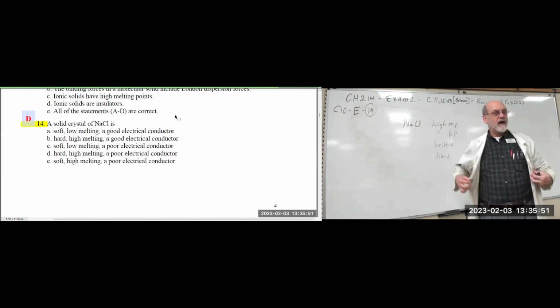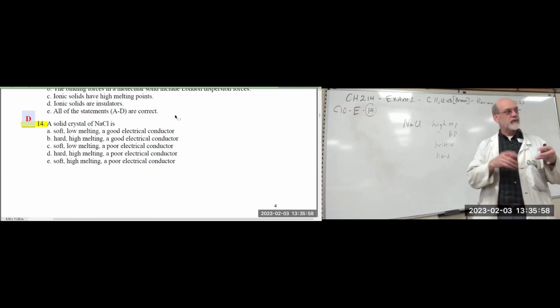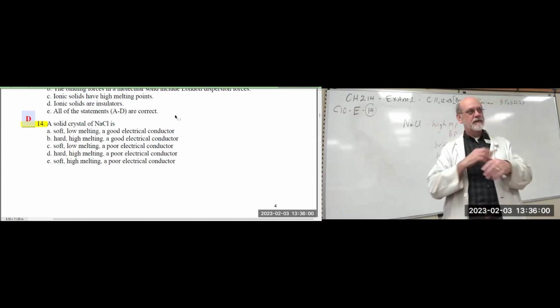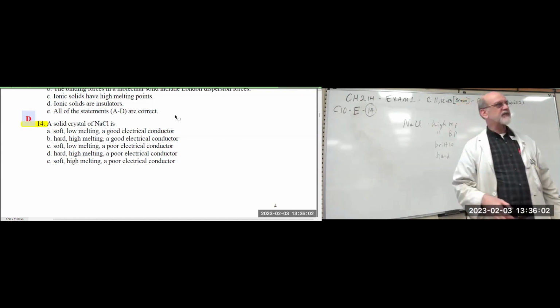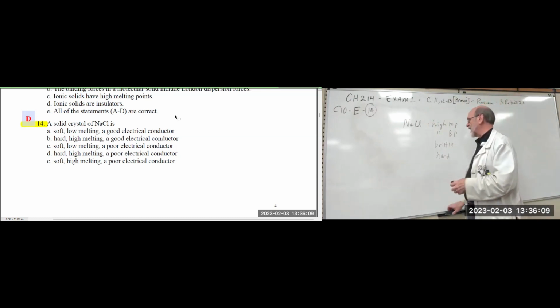But if you've got an ionic compound, then it's going to be an insulator as long as it's solid. You got to turn it into a liquid so those ions can move now, or dissolve it in something and free the ions up so they can move. So D is the only right one for that one.